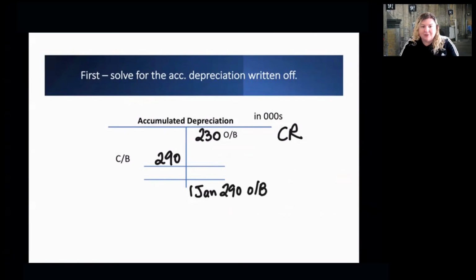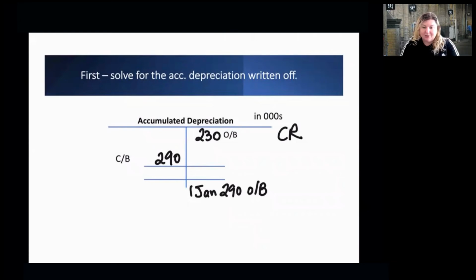Let's solve for the accumulated depreciation written off. We need to put in everything on the credit side, and then we can solve for the debit side, where, due to the sale, there would be a write down.